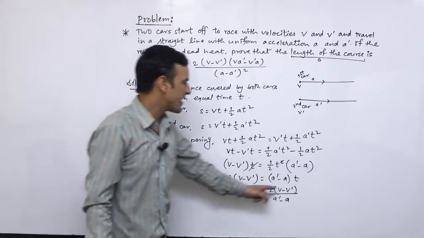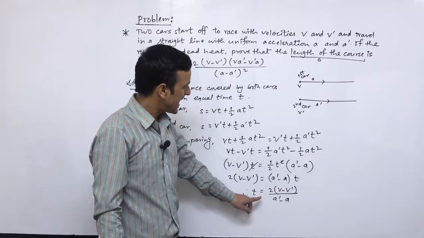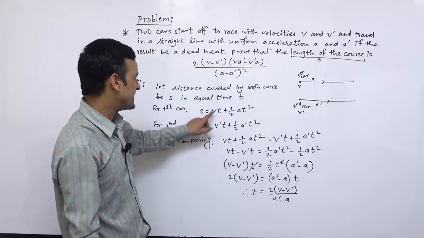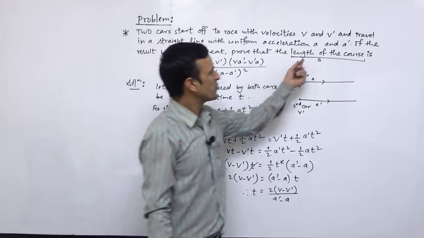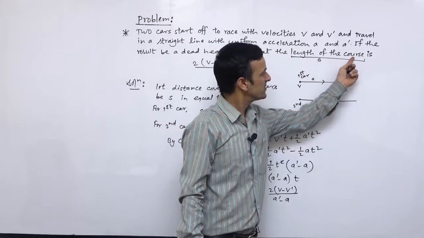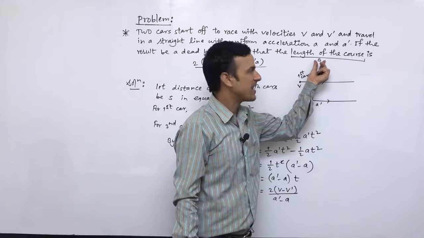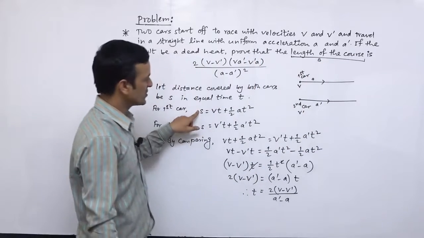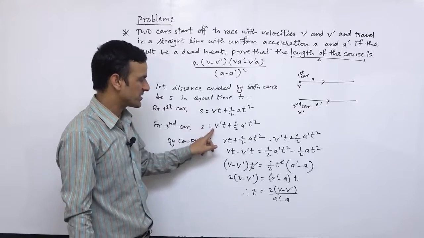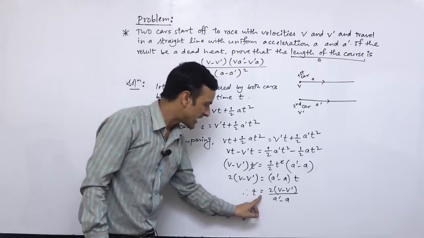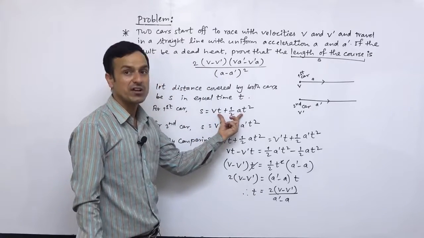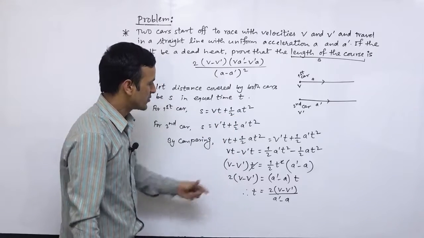So in this way we can find out the value of t, and if you substitute this value of t in this equation we find the length of the course. So we have to find the value of s, and the value of s is this one or this one. Any equation you can take, and after substituting the value of t found from here, our result comes.